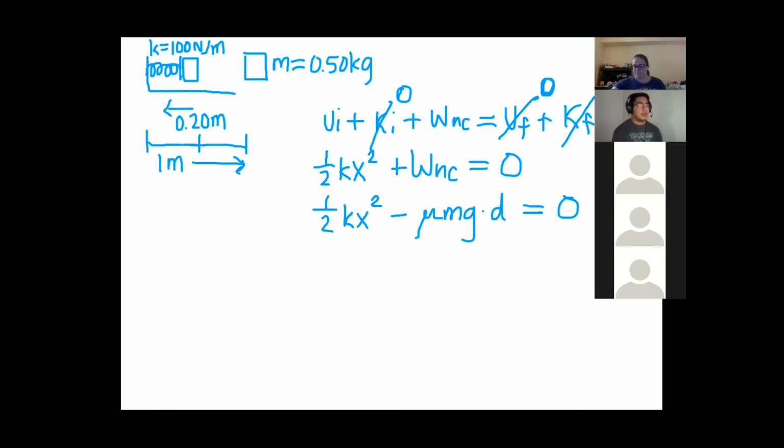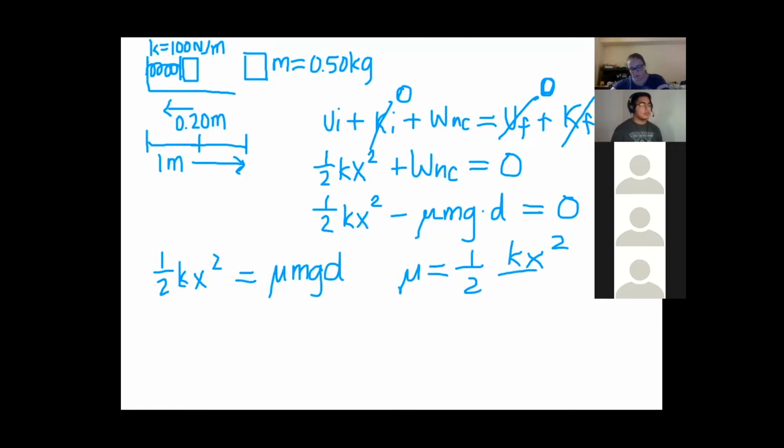Absolutely. So now using our algebraic equations, we can isolate the mu, or we could do it in 2 steps: take the mu and g times distance to one side, and then isolate the mu like that. Okay. So this gives us that mu is equal to 1/2 times kx squared over mgd.